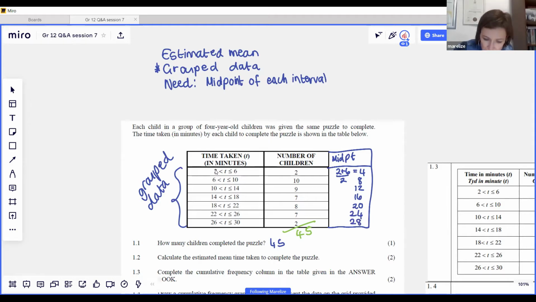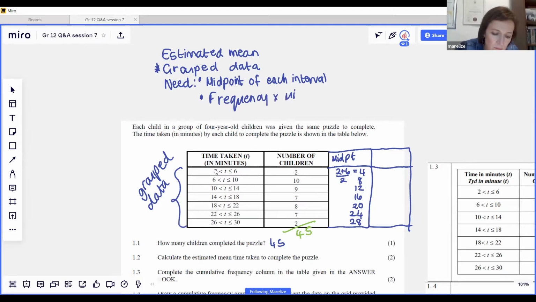Now we're going to draw another column. And this is the second thing that we need. So it's the midpoint, and then the second thing we need is the frequency times the midpoint. That's our second step in the process.